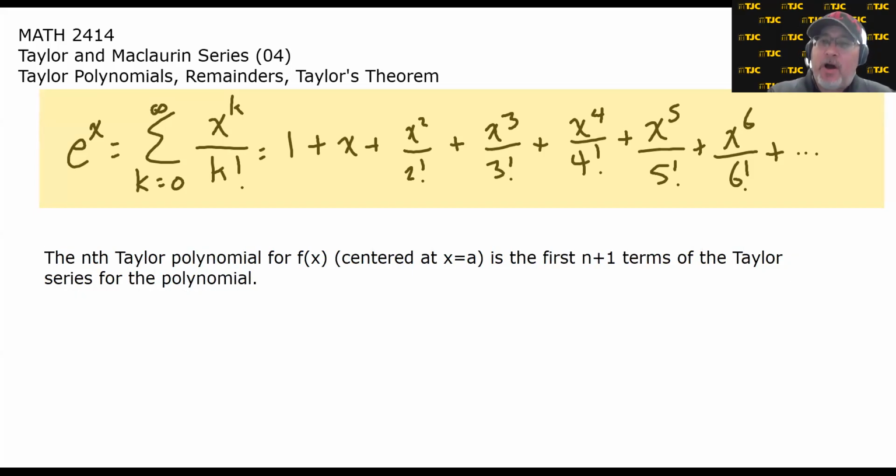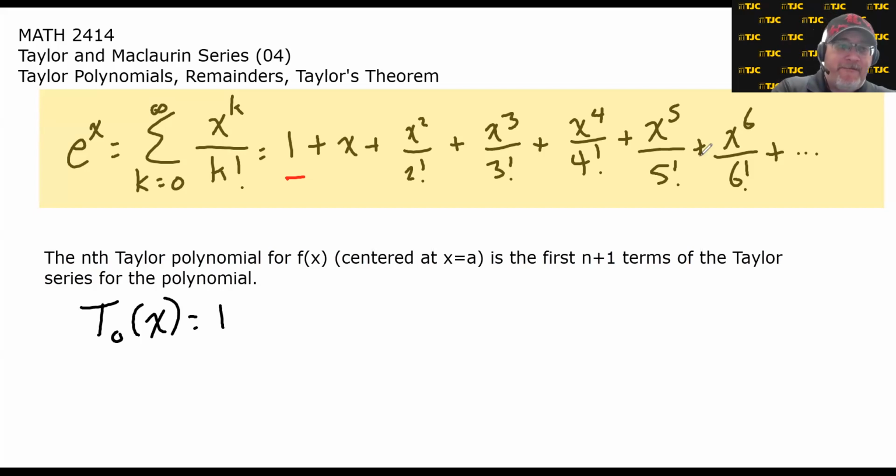When you write a Taylor polynomial, you usually write it with a capital T subscripted with a number. For example, if I wanted the 0th Taylor polynomial for e to the x, then we would take 0 plus 1, one term. So it's just 1. It's this guy right here.